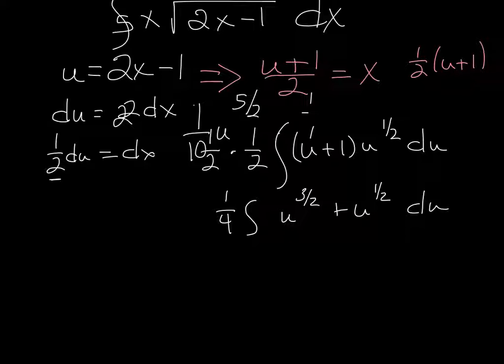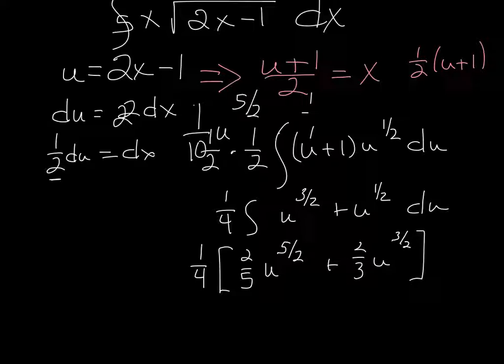Okay, so if we integrate, we're going to have our 1/4, we can't forget our 1/4, u to the 5 halves times 2/5 plus u to the 3 halves times 2/3 plus c. It doesn't matter whether you include the plus c there or in the parentheses. If you multiply c times 1/4, it's still a constant.